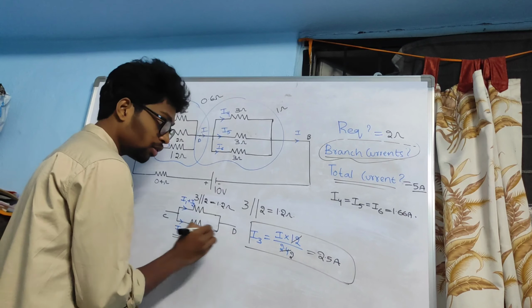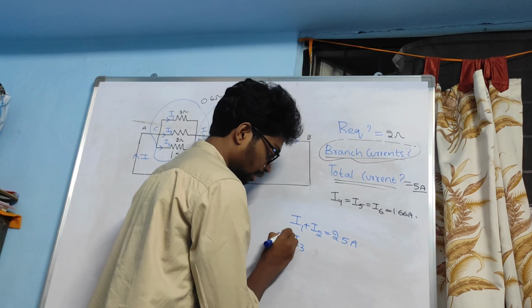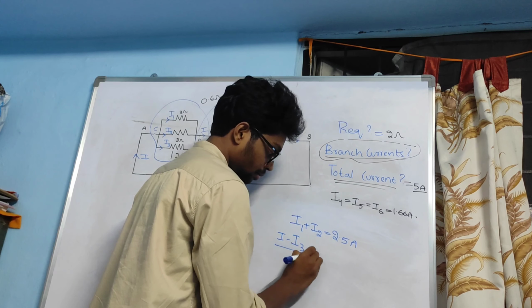So we will get I1 plus I2 equal to 2.5 amperes by subtracting I3 from I. As we got I1 plus I2 equal to 2.5 amperes.